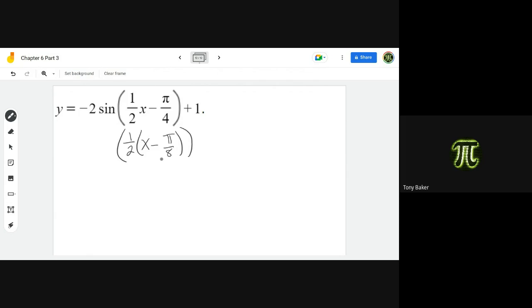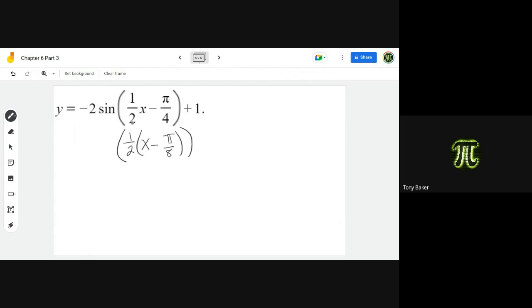So whenever you have multiple transformations inside of the x, I need to split the addition and subtraction part from the multiplication part. Because remember, I have to do things opposite, right? So in essence, I have to do my addition and subtraction before I do my multiplication. So I need to make it so that that can happen.